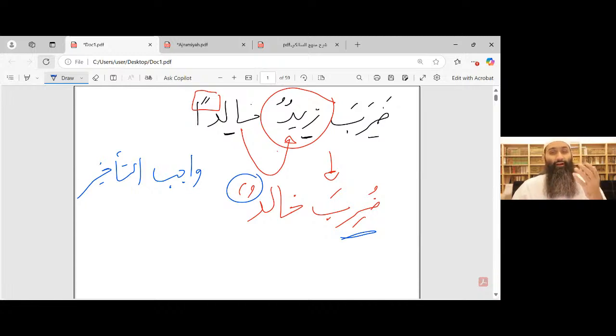Just like a fa'il can never come before the fi'l, likewise na'ibul fa'il can never come before the fi'l. Remember, it has to take all its ahkam. So it's wajib ta'khir, it must come after the fi'l. Whereas maf'ulun bihi can come before it.